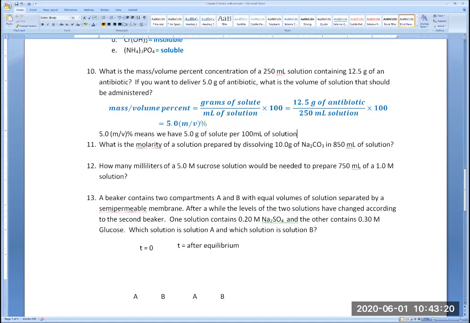That's how you want to read this number. This 5% by mass per volume means you have 5 grams of solute per 100 milliliters of solution.